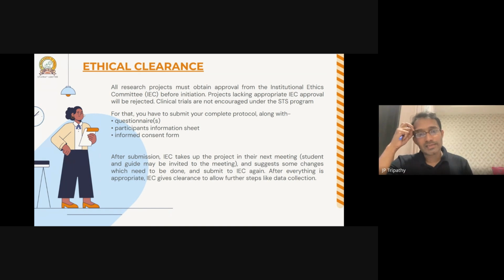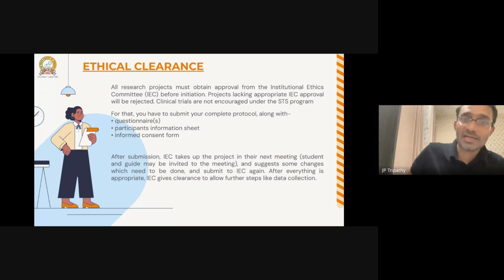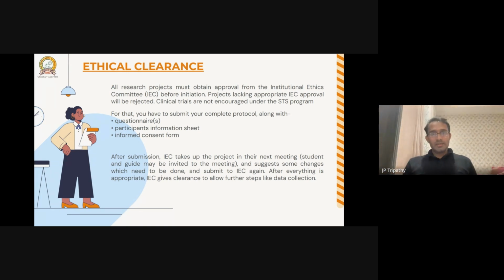So ICMR is well aware that you have to finish your curriculum, you have to give your internals, so many small tests, and you also have to read for your final PG exams. So in between all these exams, curriculum, classes, and practicals, you have to finish this. ICMR is well aware of that, so be mindful of that.